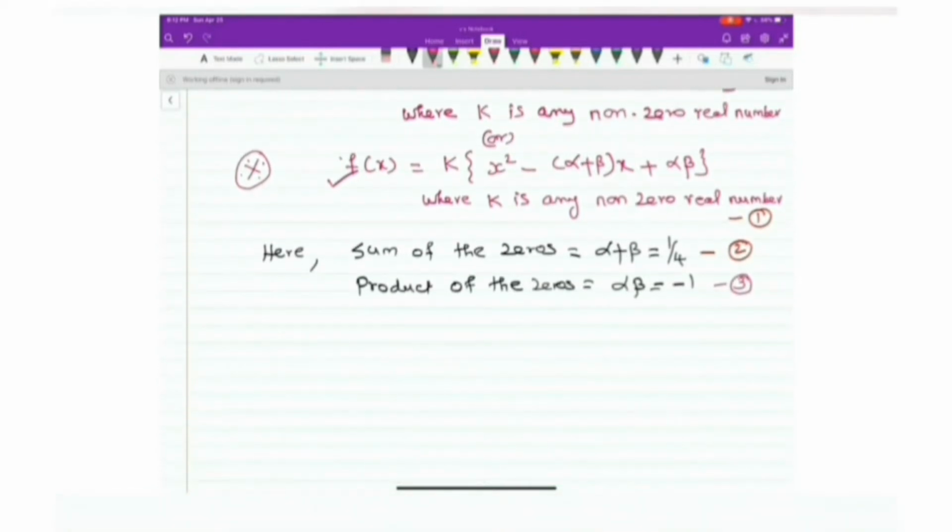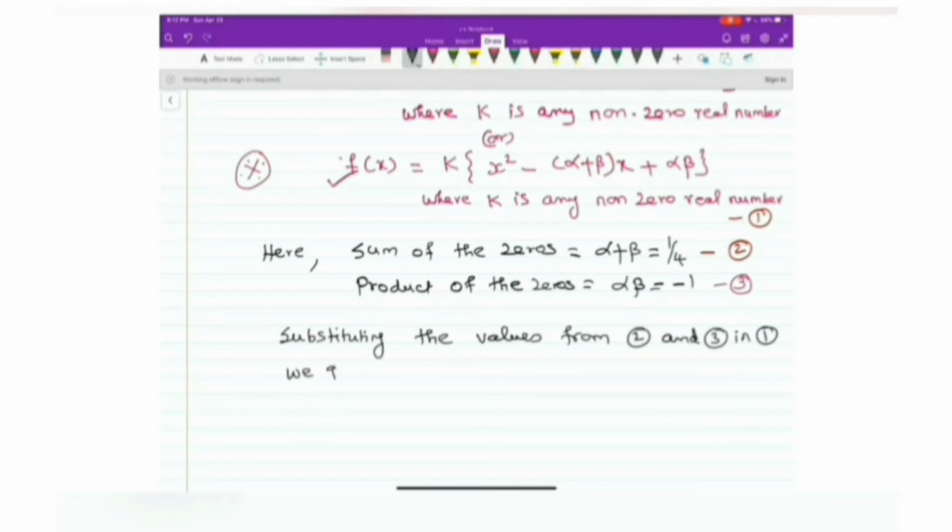Now, substituting the values from 2 and 3 in 1, we get, once you substitute these values, you will be getting the required quadratic polynomial.